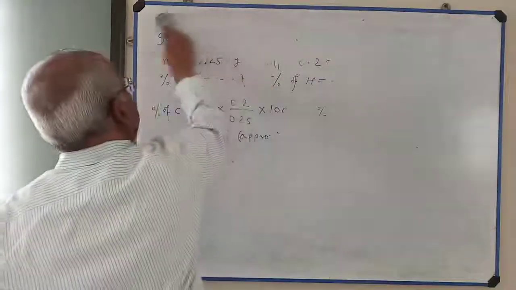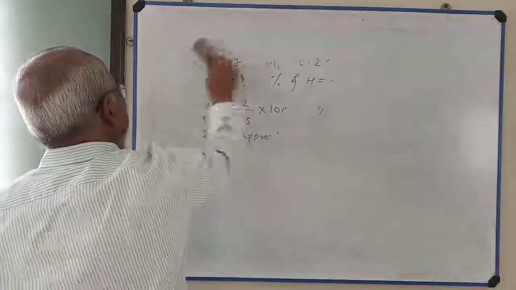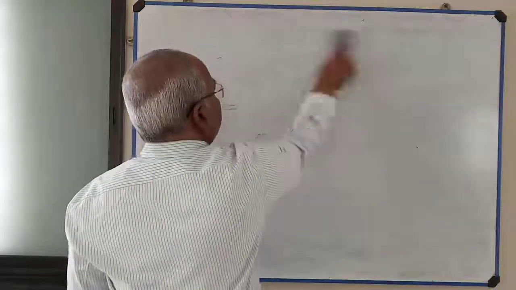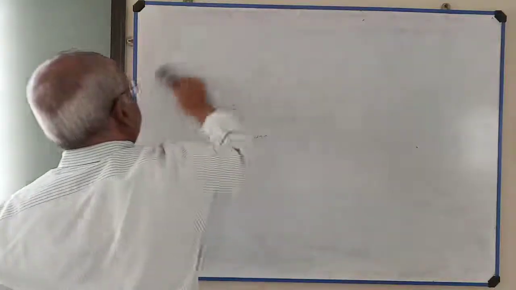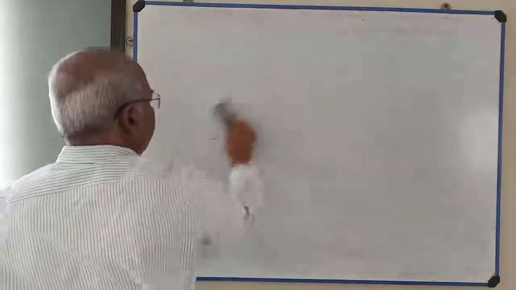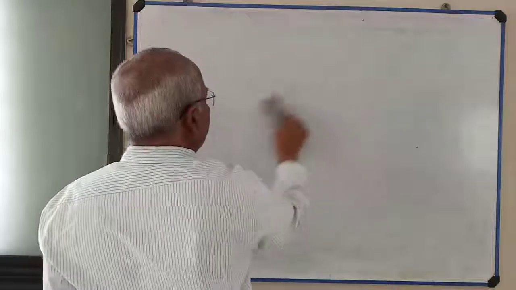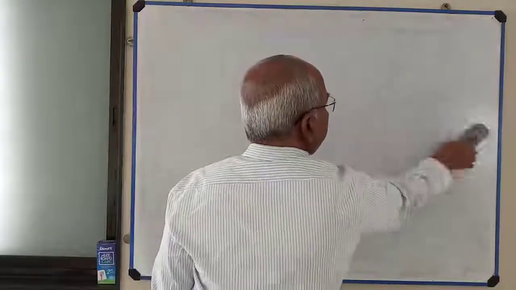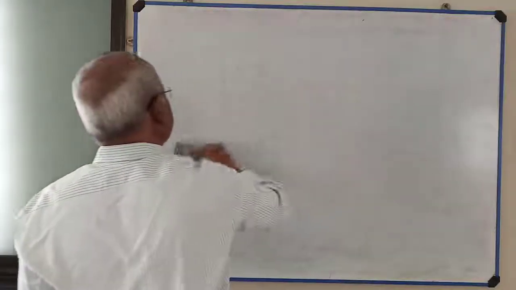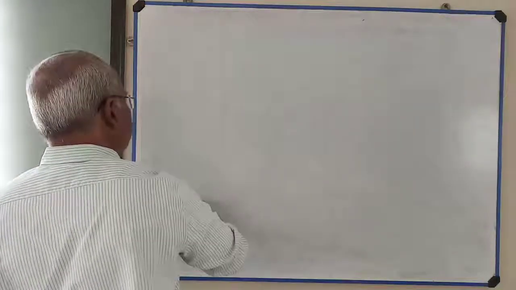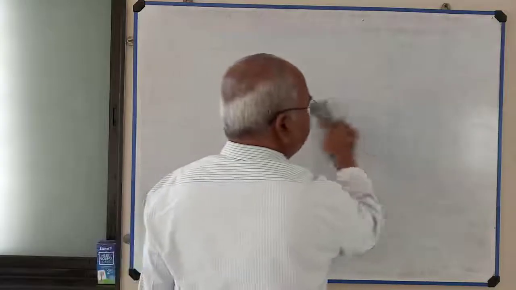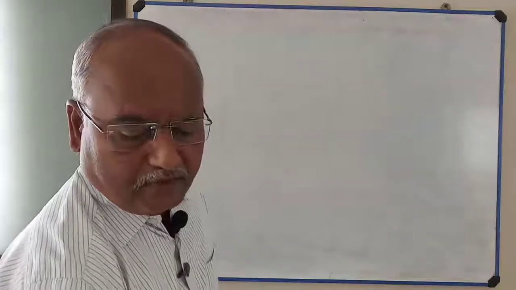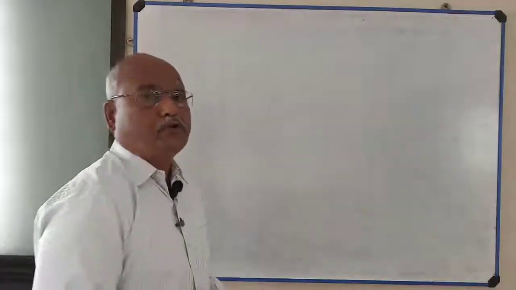So after explaining estimation of carbon, I am going to explain estimation of nitrogen. How to determine the percentage of nitrogen present in an organic compound. Simple techniques and simple methods are there. By using those methods, we are going to determine the percentage of nitrogen.